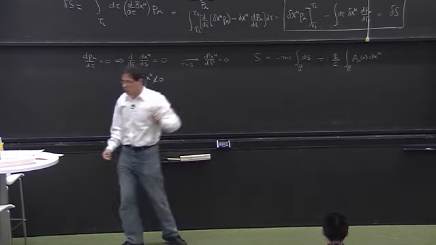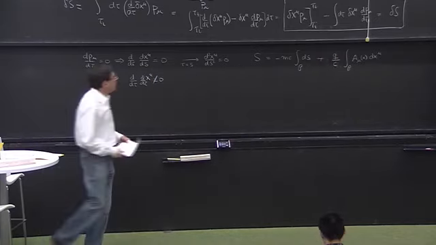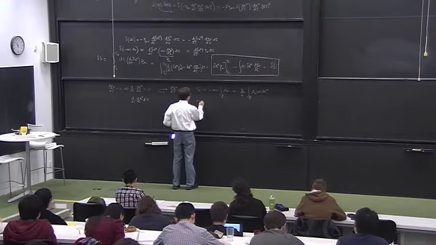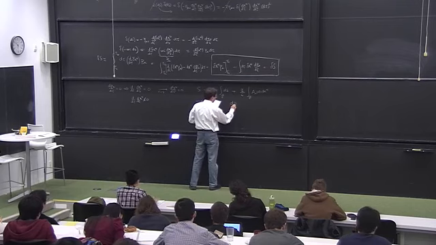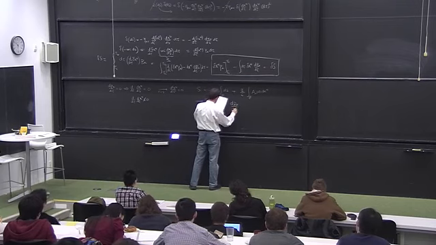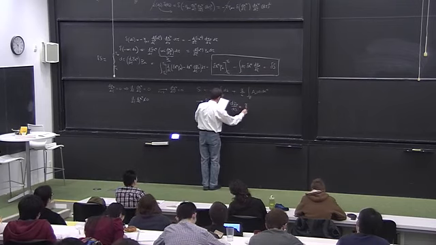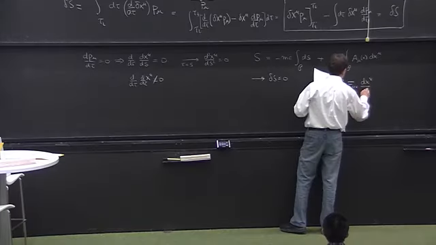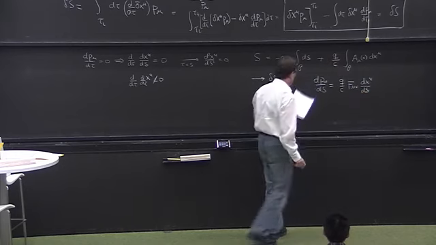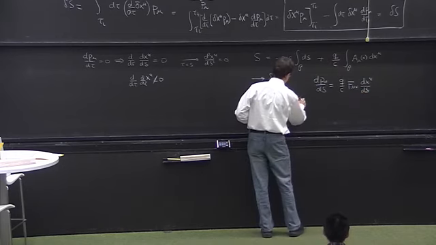And with those two terms, if you vary now, delta S equals 0, you'll get this formula, dp mu ds equal Q over C F mu nu dx nu ds, which is the Lorentz force law.